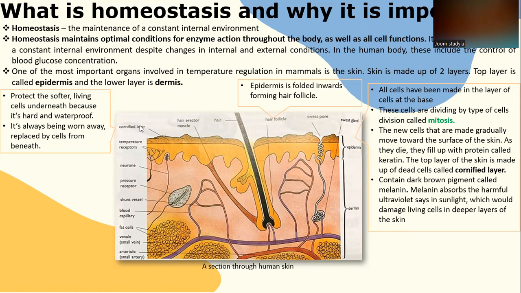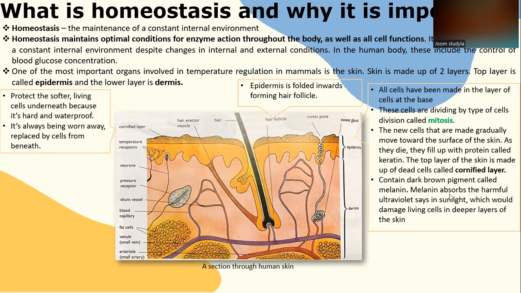The cornified layer's function is to protect the softer living cells underneath because it is hard and waterproof. It is always being worn away, replaced by cells from beneath. Aside from that, the epidermis also contains a dark brown pigment called melanin.